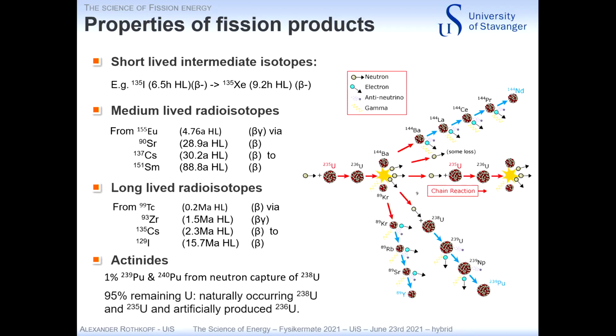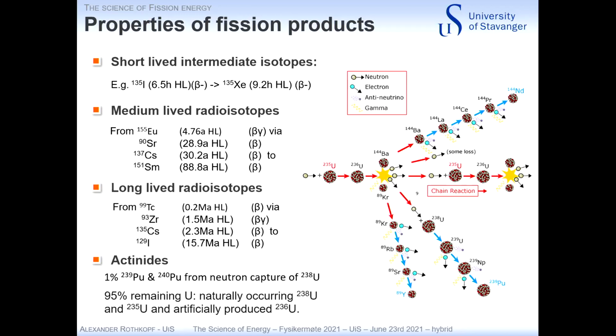Since we are only fissioning off the uranium-235, there's essentially most of the uranium-238 still in your fuel. And then around 1% of that uranium-238 gets transmuted into plutonium-239 and 240. And these are the isotopes that you have to then think about when it comes to waste treatment and such.